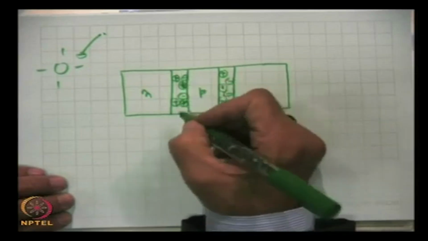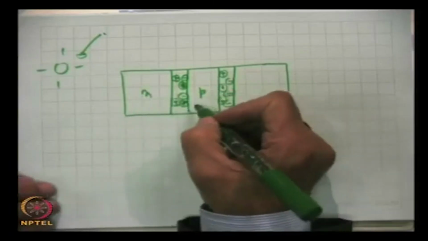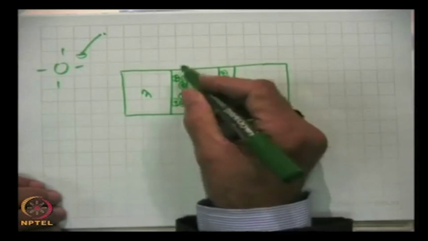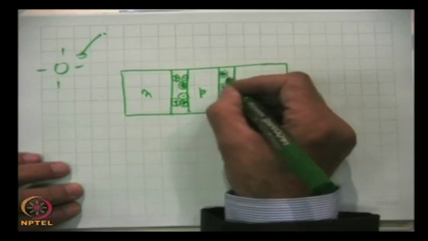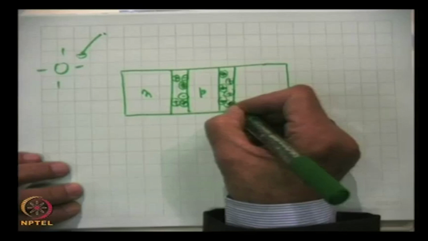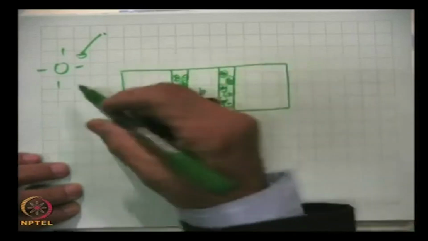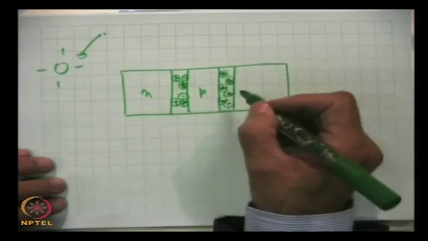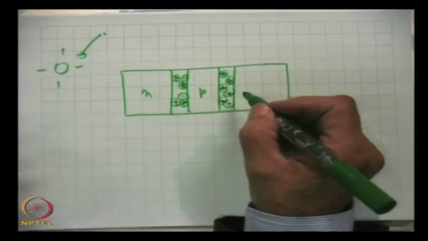When we apply a voltage between emitter and base, that voltage will give rise to a field across this junction. Similarly, here electrons and holes have disappeared, leaving behind singly ionized impurity atoms. They are immobile, they take the lattice positions.